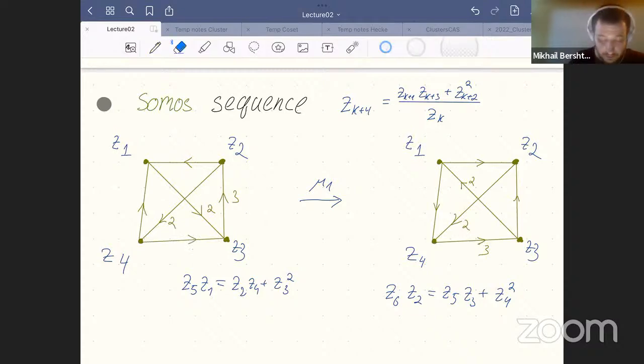So this is a quiver, and the statement is that if you do mutation in the first vertex, we obtain the second quiver, which is related to the first one just by rotation. Then we do mutation in the second vertex, and then third, and fifth, and fourth, and so on. And this way, we reconstruct Thomas recursion.